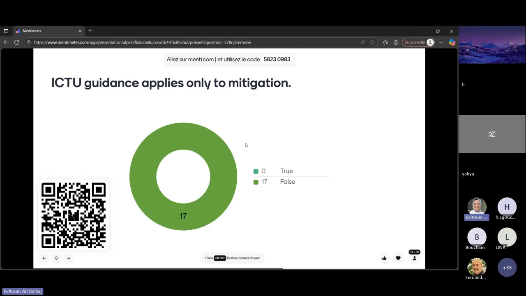As we mentioned previously, in your NDC, if you have identified other targets related to adaptation or other things, you need to mention all of them in your ICTU guidance. Why? Because the ICTU table provides the summary and your real commitment to the global community. So everything related to your targets should be included and mentioned in your ICTU guidance.